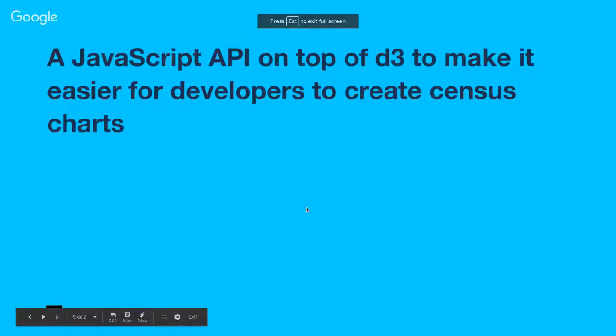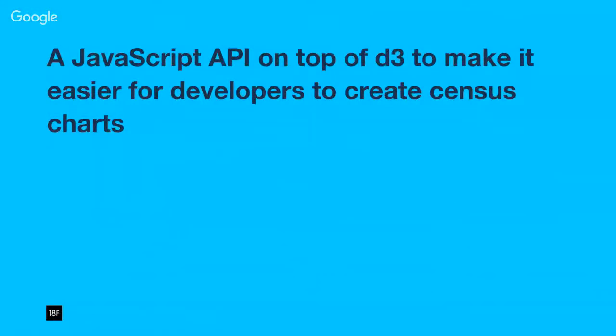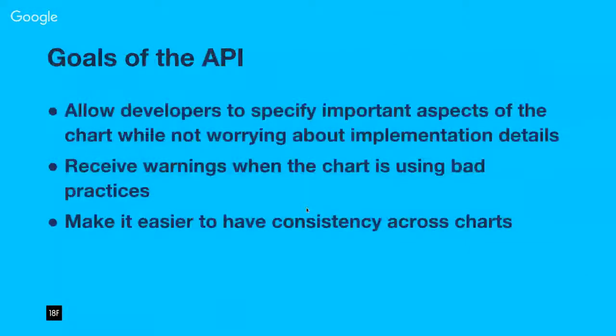We built a JavaScript API on top of D3, and this would make it easier for developers to create charts. The goals of this API would be allowing developers to specify the important information for a chart, like the data and where the axis should be, and not worrying about implementation details of how to actually build the chart in D3, which is a relatively complicated process.